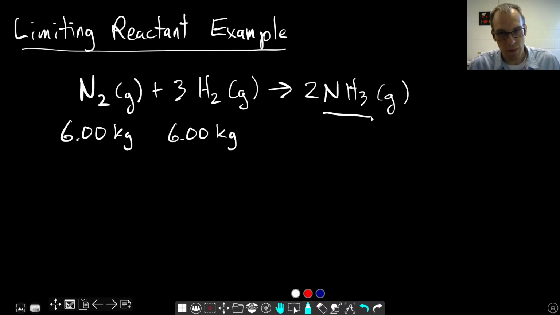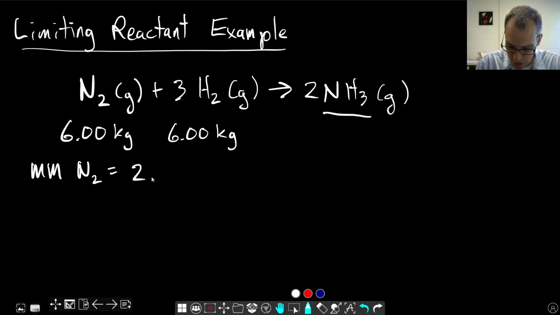So we're going to need to convert these into moles and then use the ratio from the balanced chemical equation to figure out how many moles, or even grams, of ammonia we're going to produce. So we need the molar mass for nitrogen.